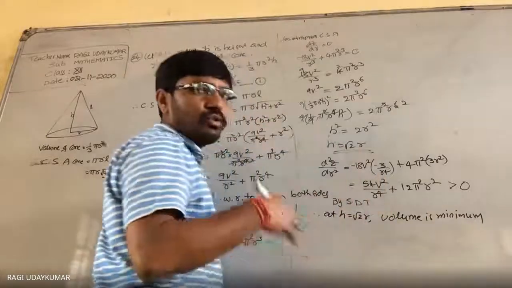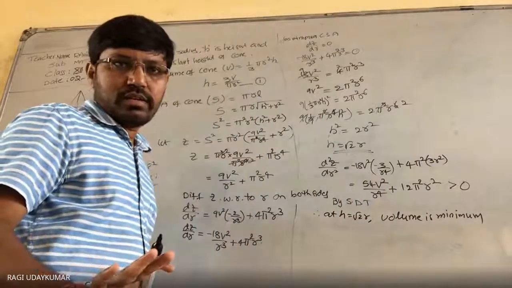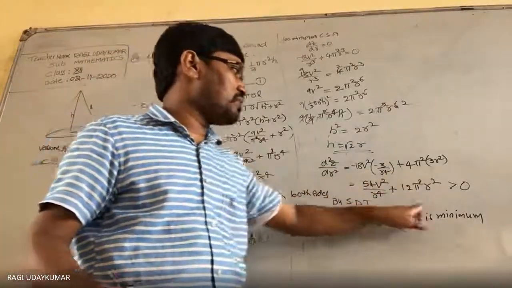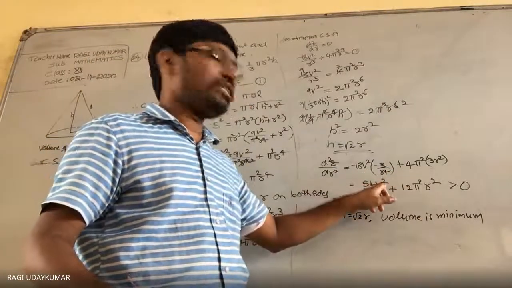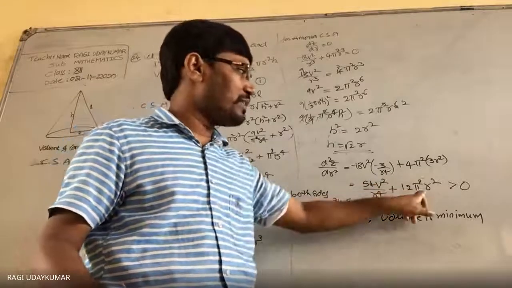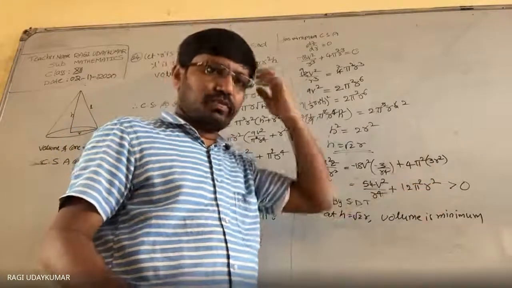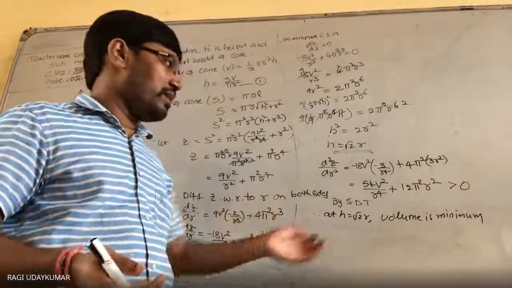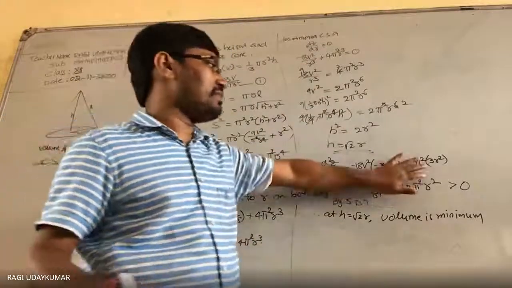Here, there is no need to substitute h is equal to root 2 r. Even if you substitute, this is always in the form of a square. 54 is positive, v square is positive, r power 4 is positive, pi square r square is also positive. So no need of changing anything here. Whatever it may be, this is always greater than 0.